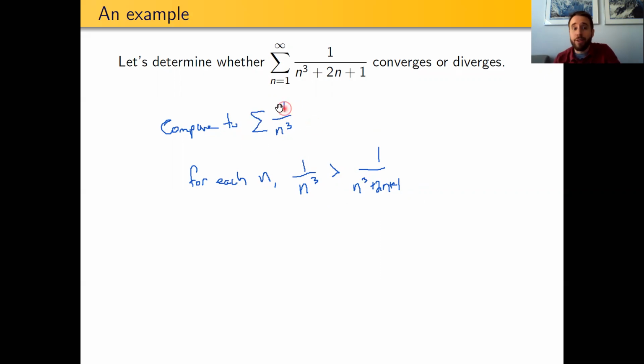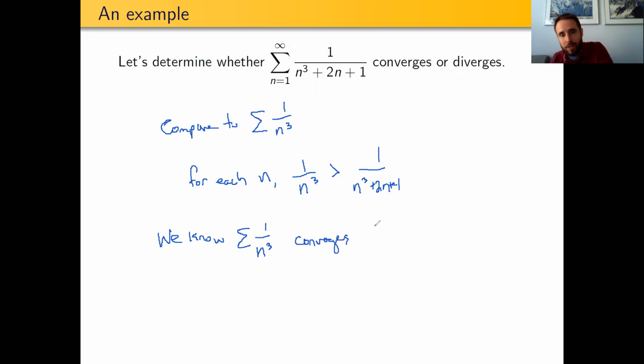Why do we know that? Well, this was a p-series. 1 over n cubed is a p-series, p equals 3, and because that p-value was bigger than 1, it converged. So sort of summarizing what we have, take a moment to write this out, we know that the sum 1 over n cubed converges.